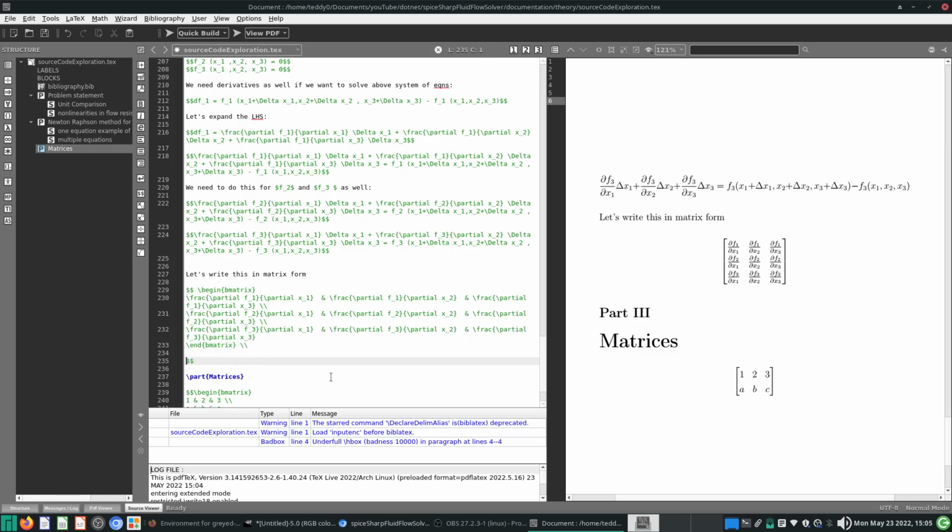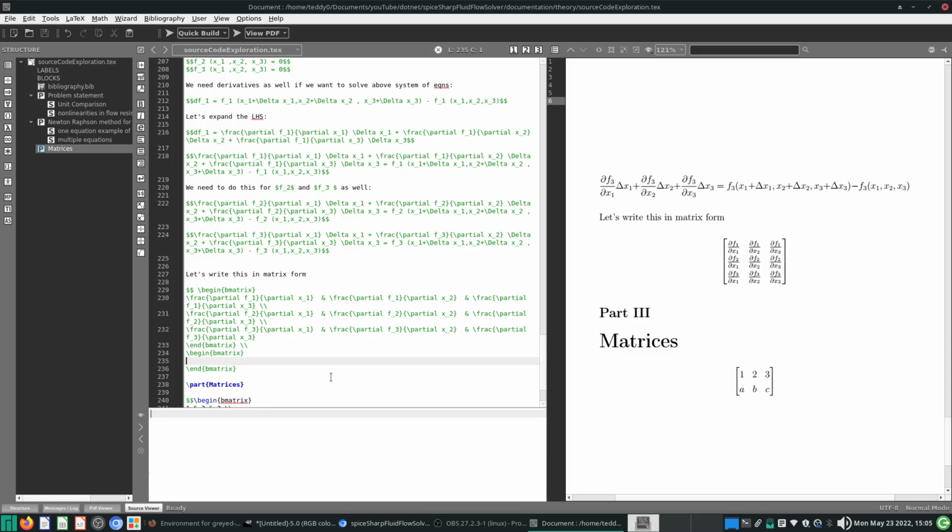Then let me multiply by another B matrix. Begin B matrix. Okay, and then I need a delta x1, delta x2, delta x3.